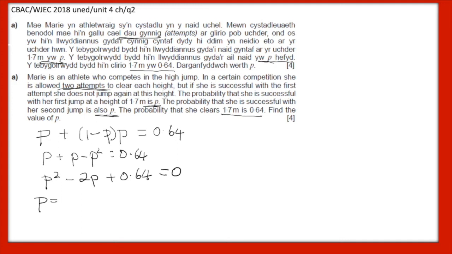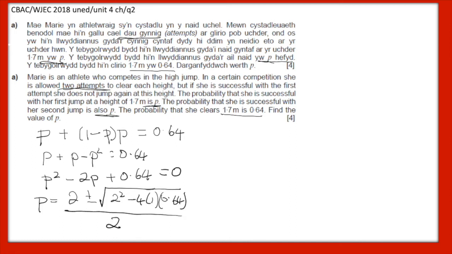So I'm saying that P is 2 plus or minus the square root of 2 squared minus 4 times 1 times 0.64, all divided by 2. And as soon as I've done that, I can go on to use my calculator, but I've got to show the technique that I'm using.